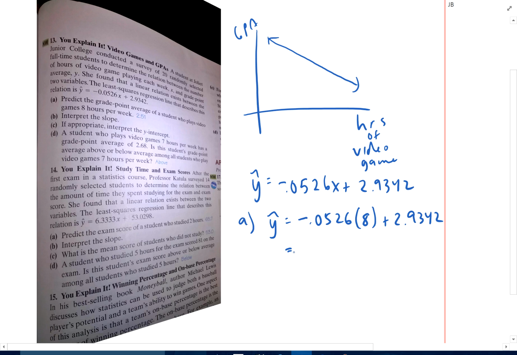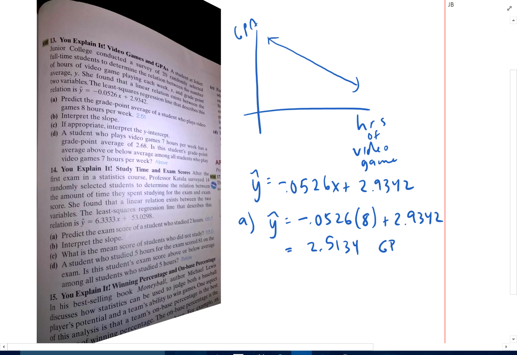And so if I do that, I'm going to plug it in on my calculator on the side. So I get negative 0.0526 times 8 plus 2.9342, and I come up with 2.5134.